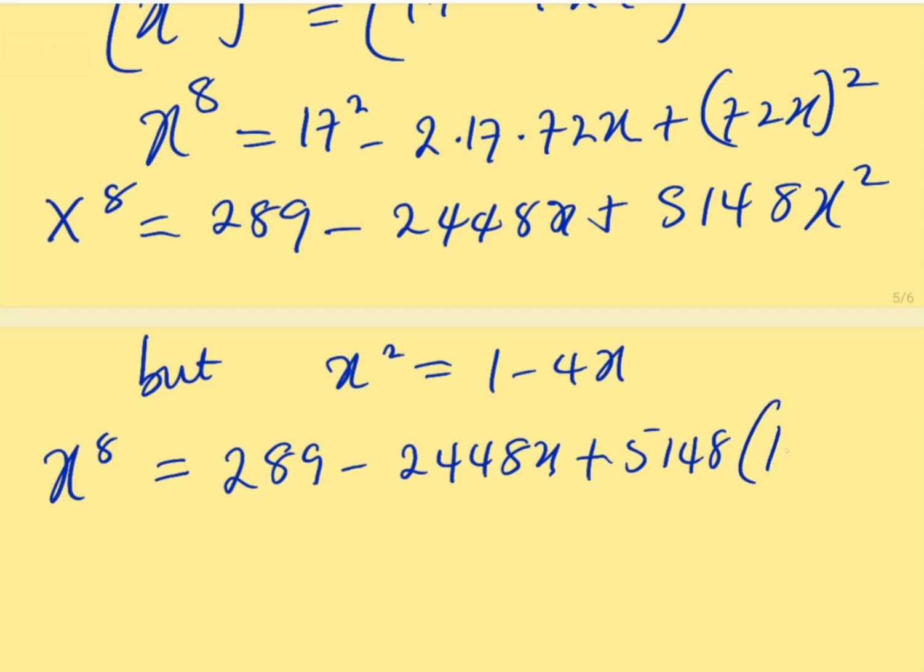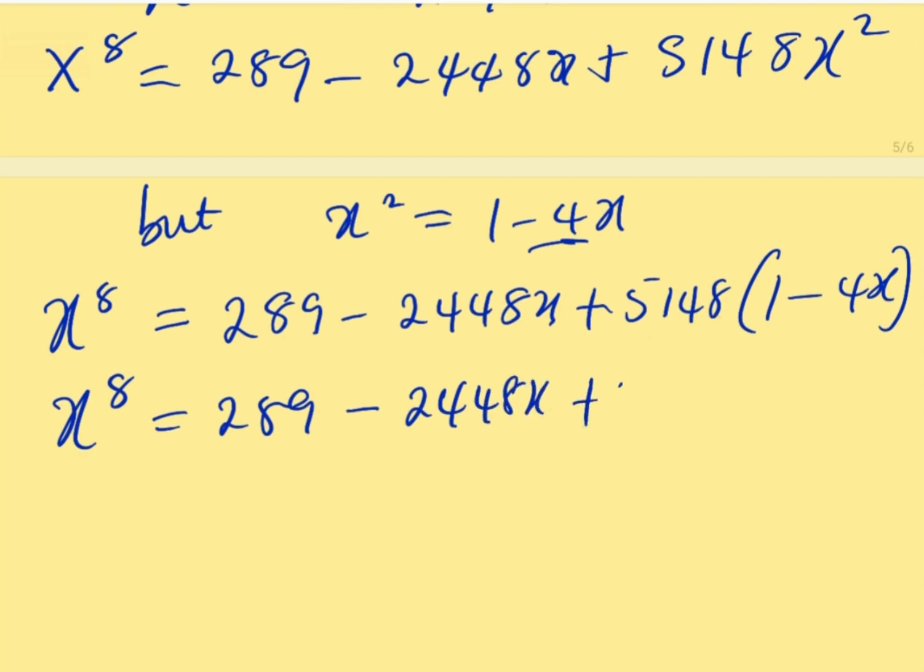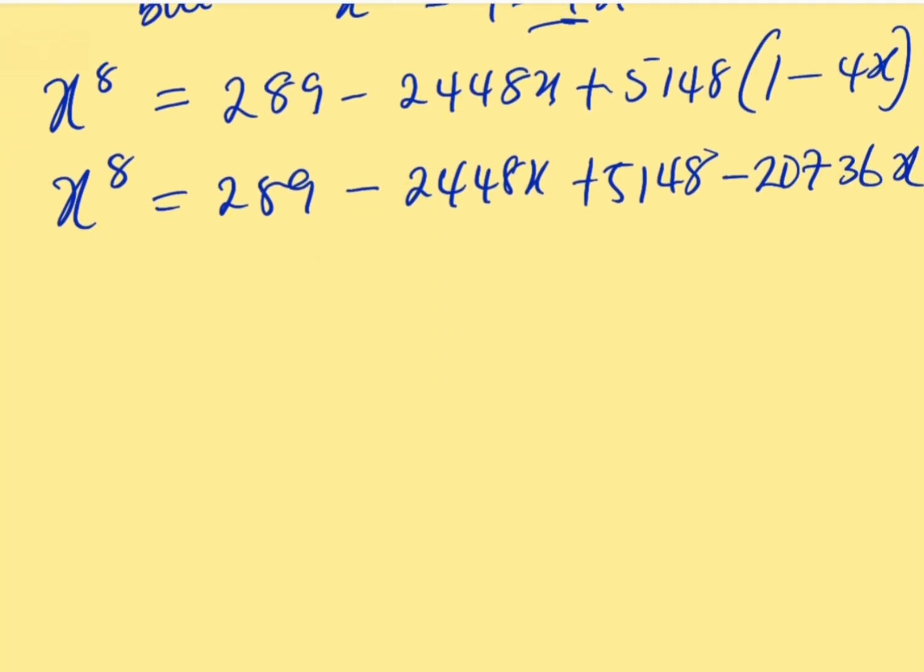So that will be into 1 minus 4x. That's what it will give us, because x squared is this, so you substitute that for x squared. So you now have that x to the power of 8 will now be 289 minus 2448x. 5184 times 1 is 5184, then times 4x will give us minus 20736x.